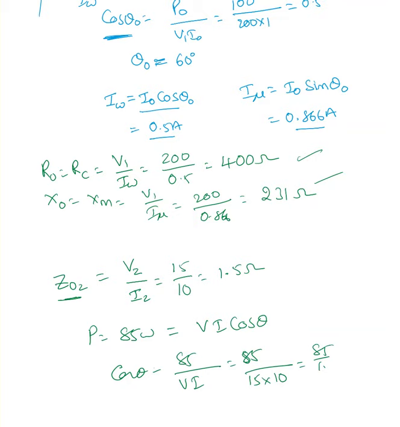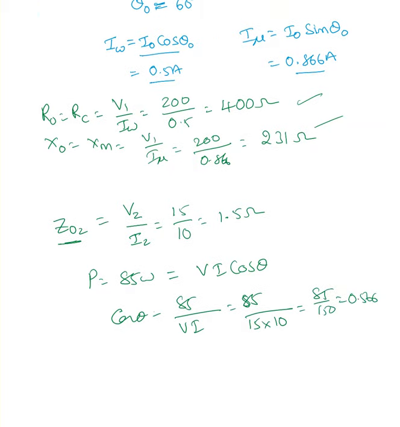So 85 by 150, which is 0.566. Now cos theta equal to R over Z. I know the Z value, so I can find R equal to 0.566 times 1.5, equal to 0.85 ohms.